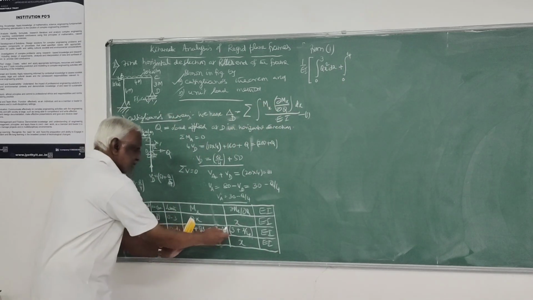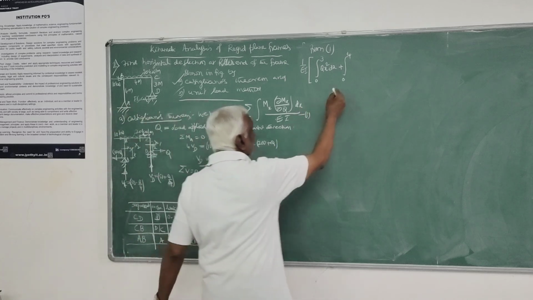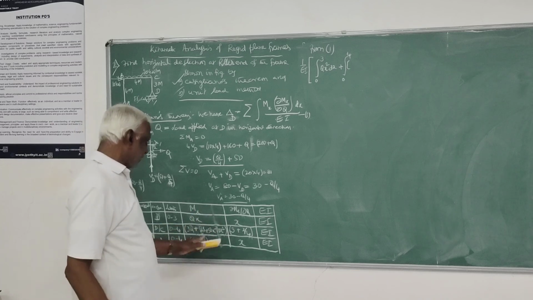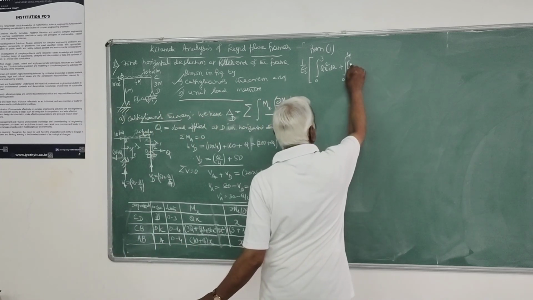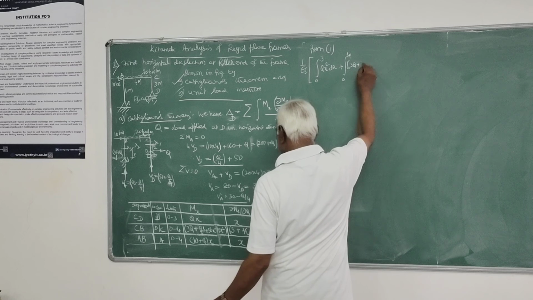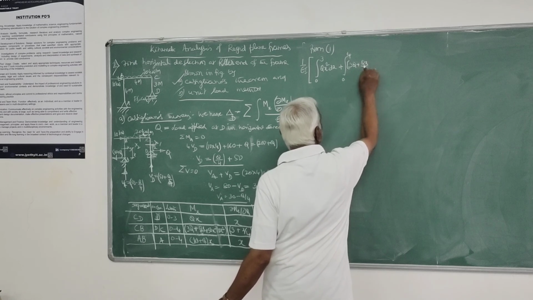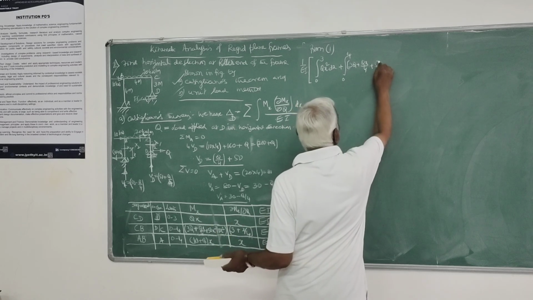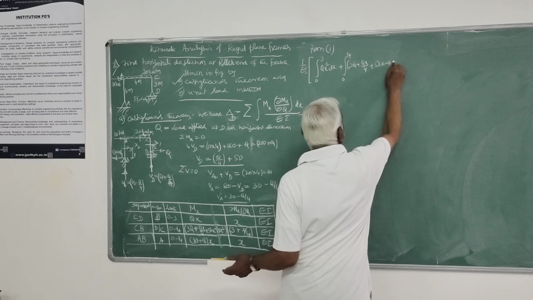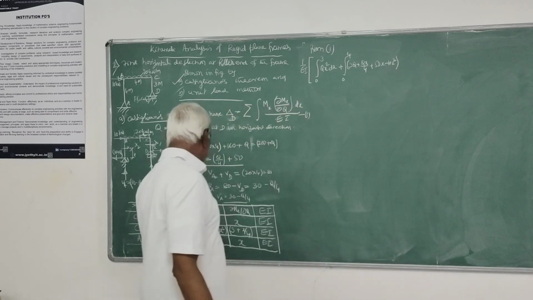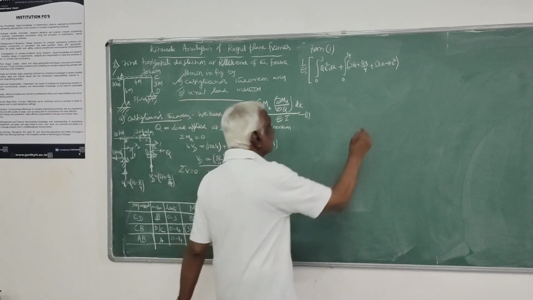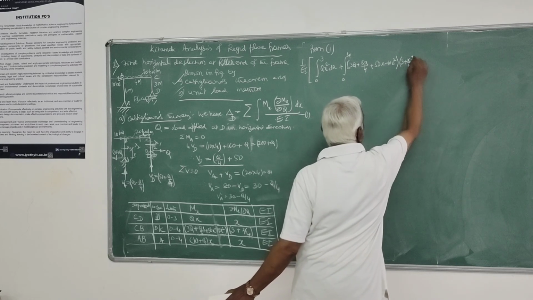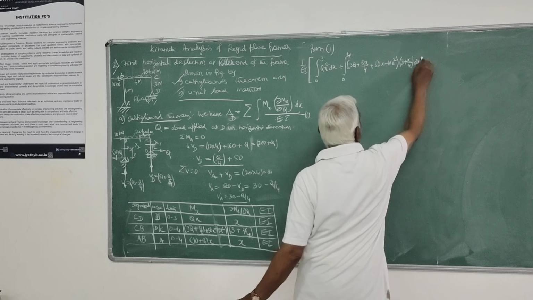Here, this into this. I will add these two, or as it is I will write it. 3q plus qx by 4, then plus 50x minus 10x squared, that is your Mx, into 3 plus x by 4, that is delta Mx by delta q, into dx.